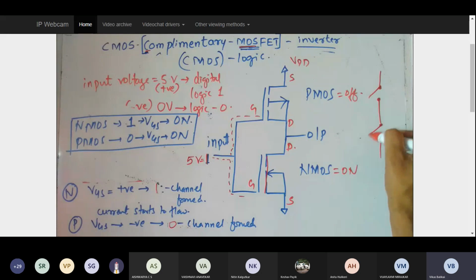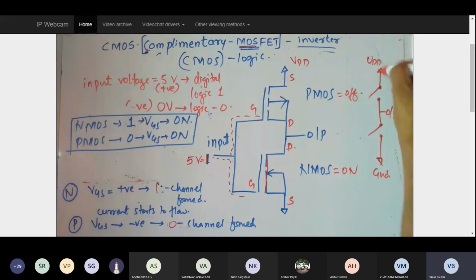So there is a switch kind of action over here, and here is my VDD, here is my ground, and here is my output. Since the channel is not formed, it will never turn on, so it is going to remain off. So there is an open switch, there is no connectivity between the VDD and the output terminal.